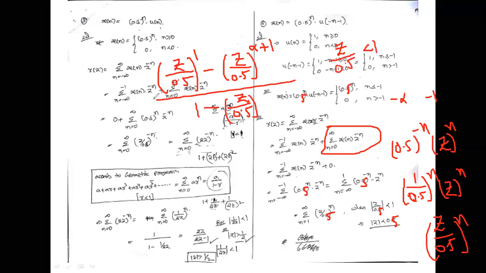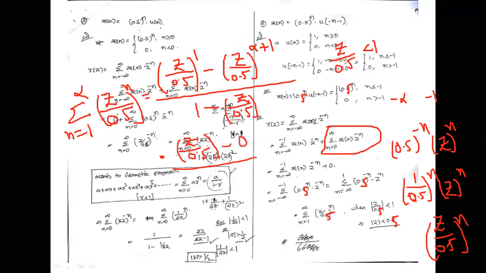This is the condition we have, when it is in the form of sum of n from 1 to infinity of z by 0.5 whole power n. Okay. So you can simplify: z by 0.5 to the whole power 1 minus anything power infinity is 0, whole divided by 1 minus z by 0.5.